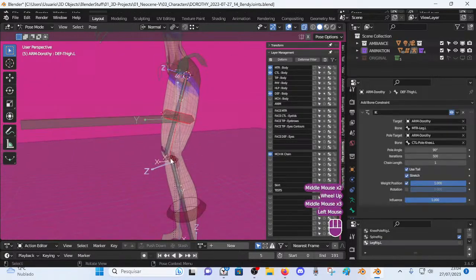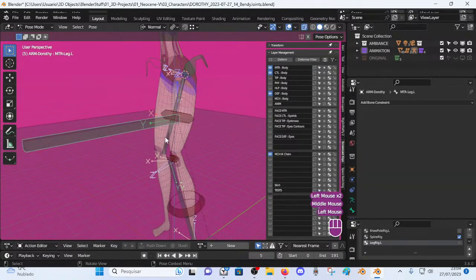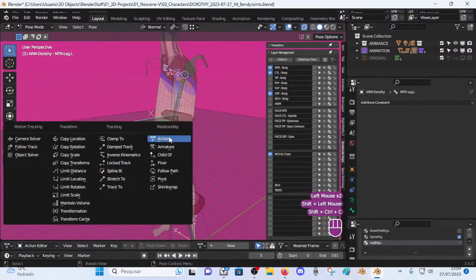Okay, let's see what else we can do. So maybe if this bone could be taking this transformation, no. Track To, no. Child Of.